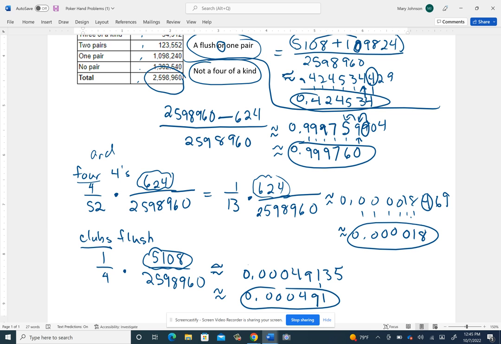But you can also think about it logically, that you just want 1/4 of these 5,108 hands because only 1/4 of them would be composed of clubs. And then here, you only want 1 out of 13 of those because you only want the ones that have 4s in them, and there's 13 different cards, and you want the ones that just have 4s in them, so you need 1/13 of that, is a good way to think about it.